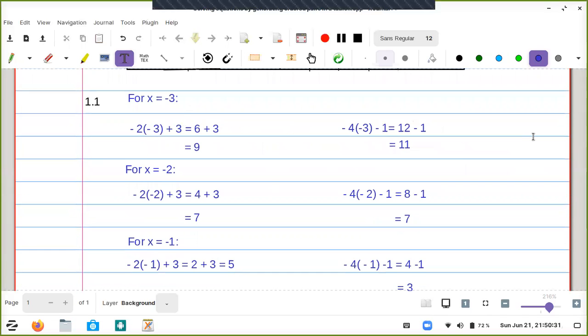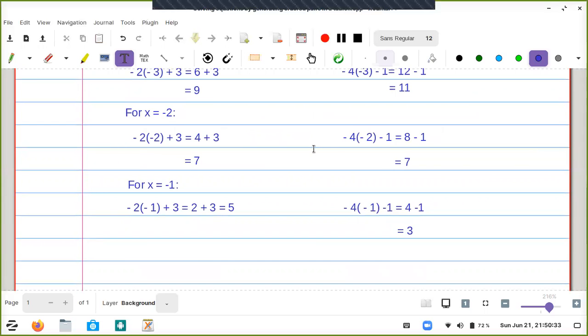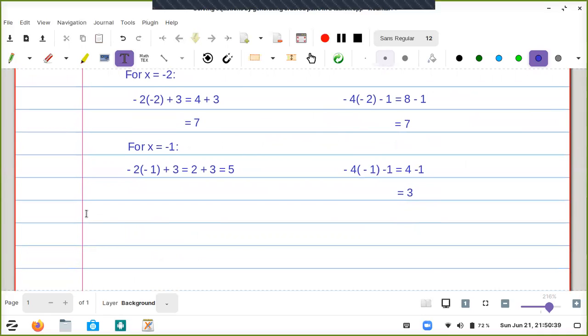So for our question number 2, we can then simply say here, for question 1.2, -2x plus 3 equals -4x plus 1, we get x equals -2.